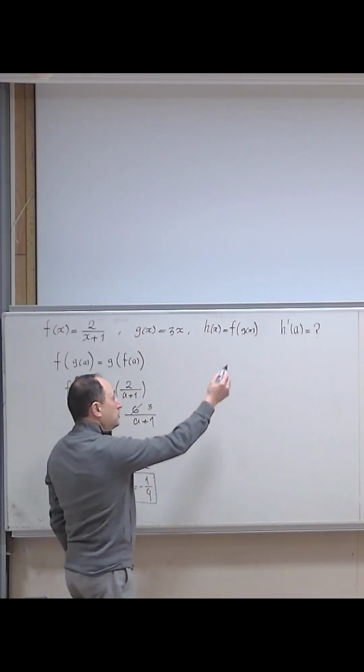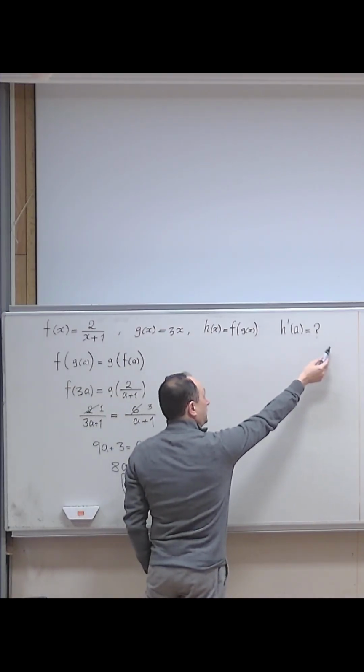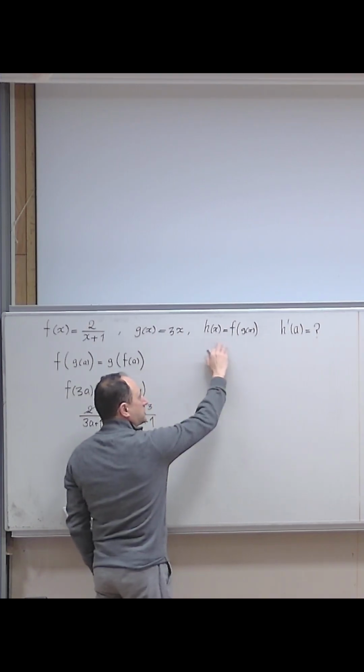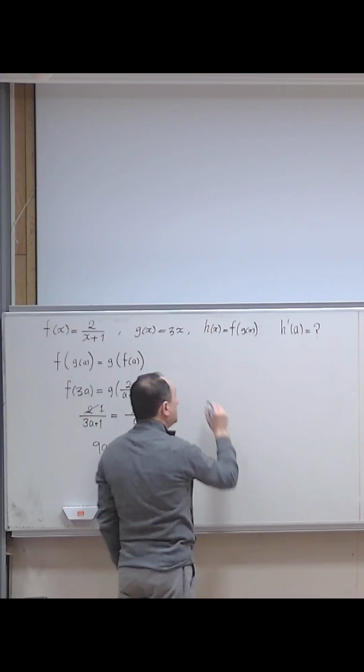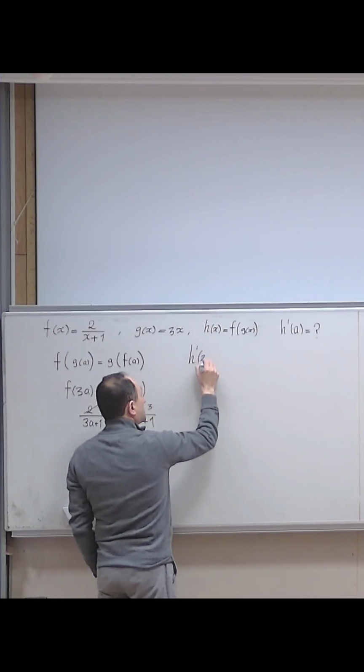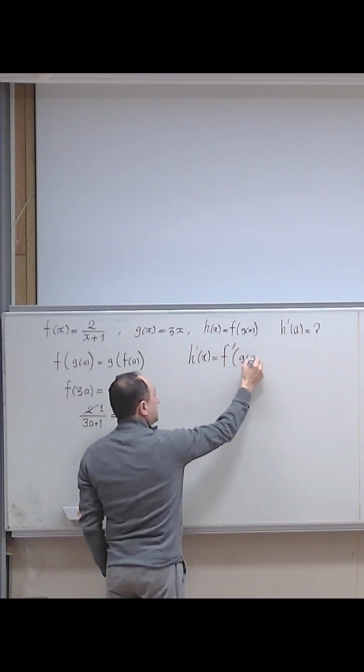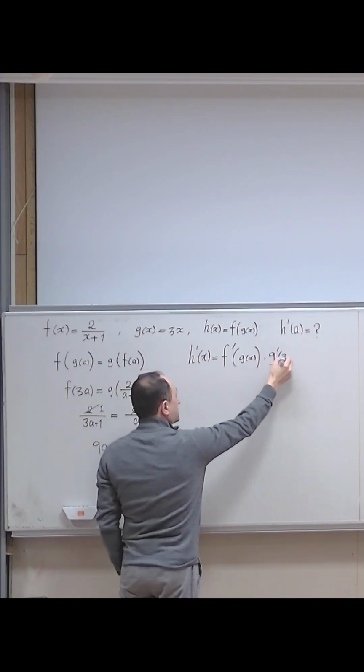And now if I want to calculate h prime of a, I have to calculate the derivative of h first. But this is the standard chain rule formula. So h prime of x becomes equal to f prime calculated at g of x times g prime of x.